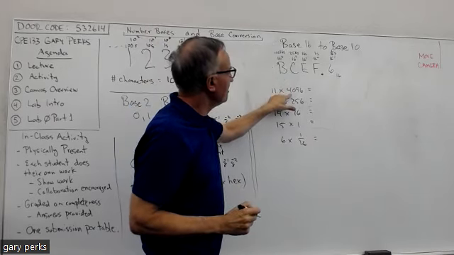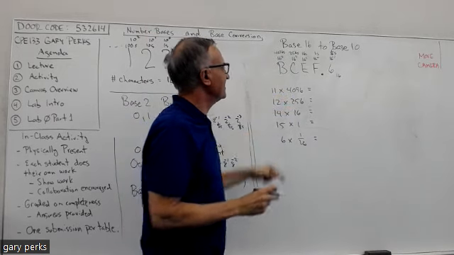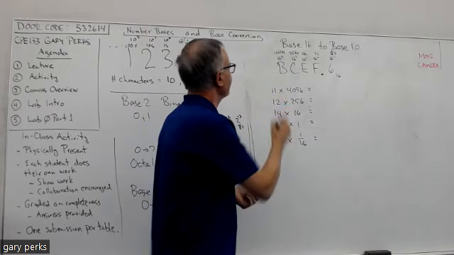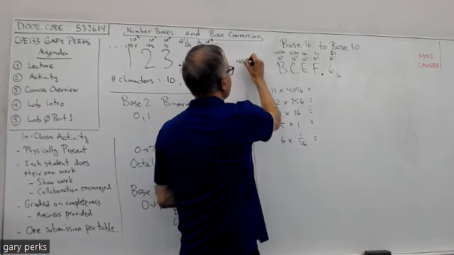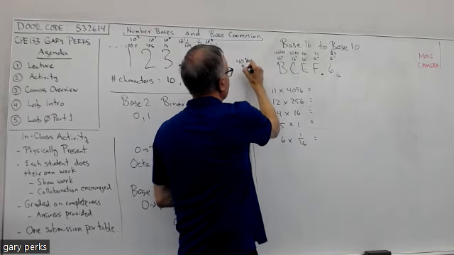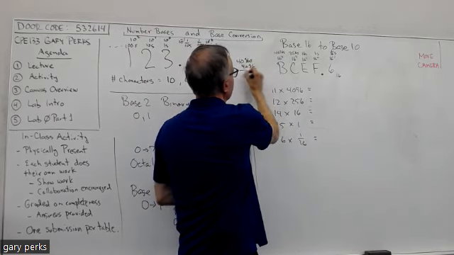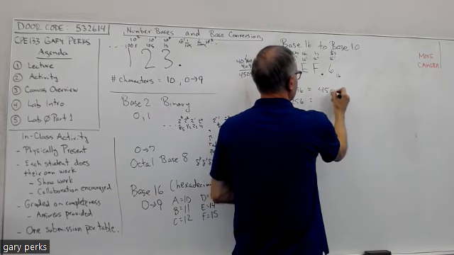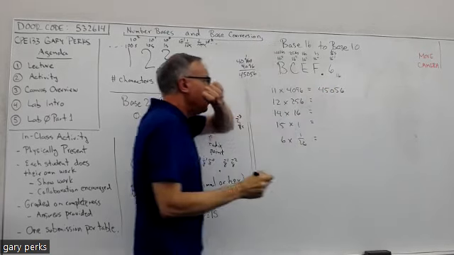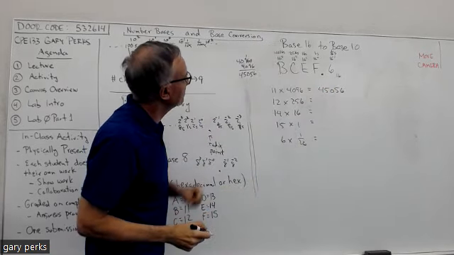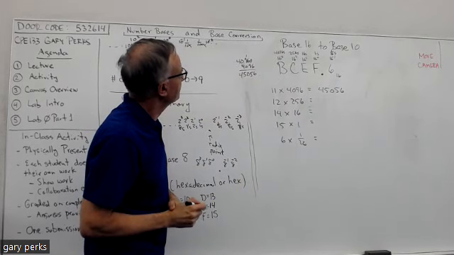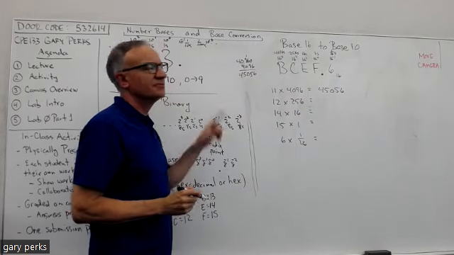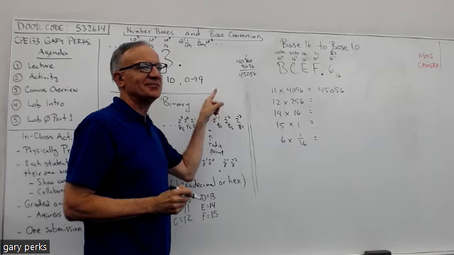All right, so this is going to be 40,960 plus 4,096. That's what? 45,056. Is that right? Did I do that right? Do I have agreement or disagreement?